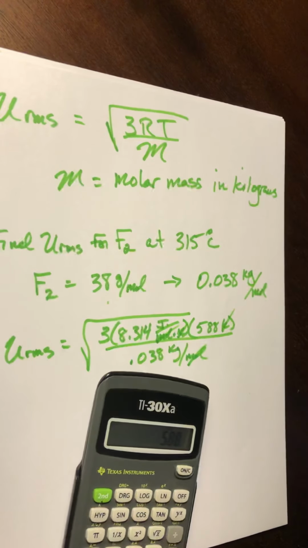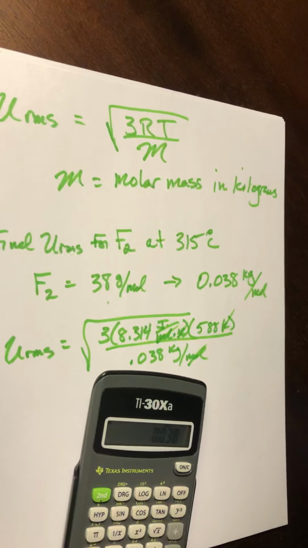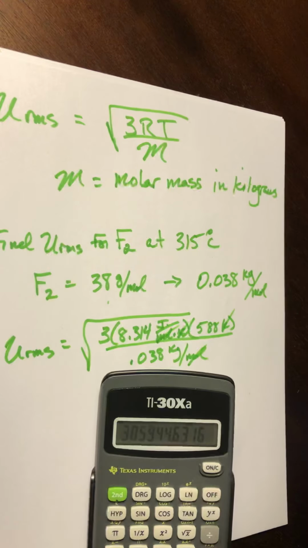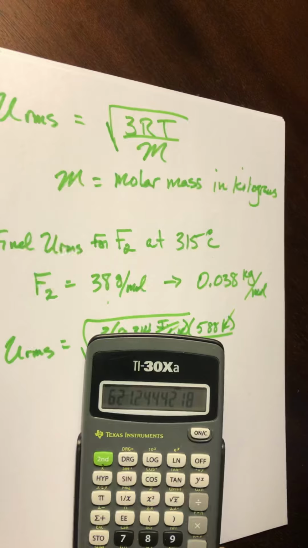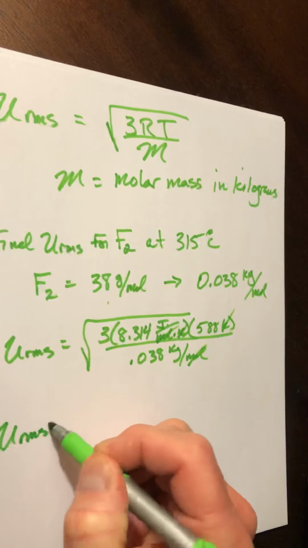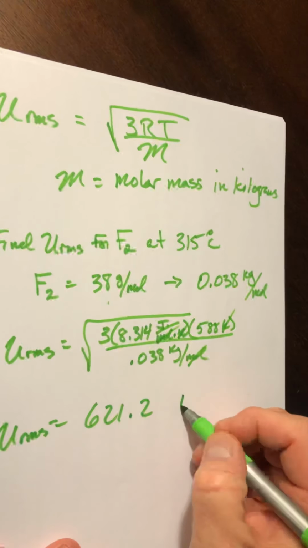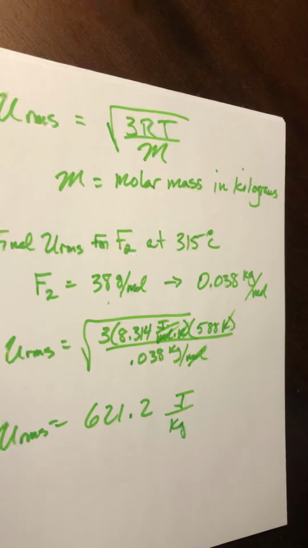If we do the math, we get 385,945. We have to take the square root of that. That gives us 621.2. So u_rms equals 621.2. And the units that we have left are joules per kilogram.